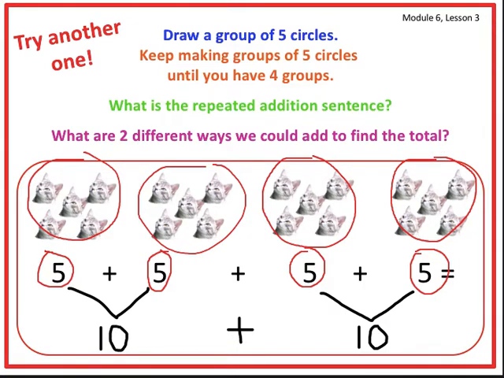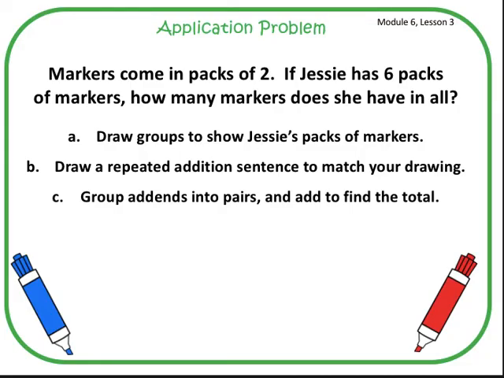I love that we're making connections between repeated addition and skip counting and doubles. Oh, so amazing. Today, you are going to be charged with doing your application problem. We'll read it together first, and then you will have the opportunity to either solve this on your own pencil and paper, or if you would like to solve it on Seesaw, it is there for you as well.